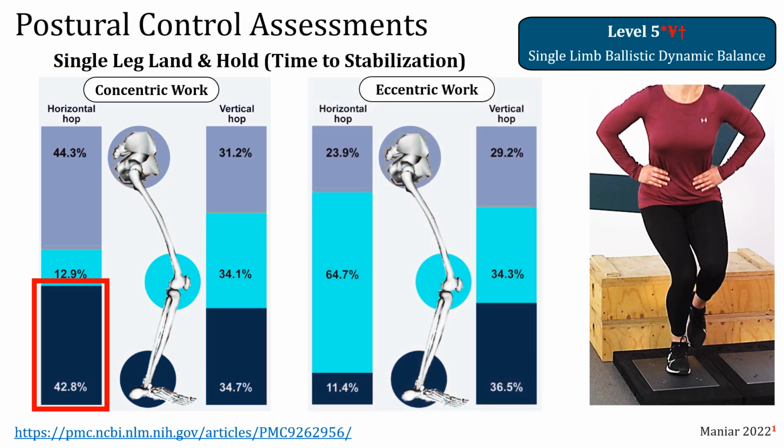And then it would be the opposite upon the eccentric or landing phase, where it accounts for almost just over a third of the total limb work, and you can see that as demonstrated in the percentage score. And if you use one or multiple of these tests, you can capture both the concentric horizontal as well as the eccentric vertical.